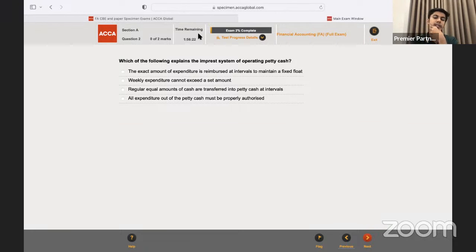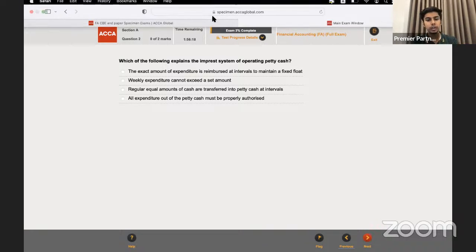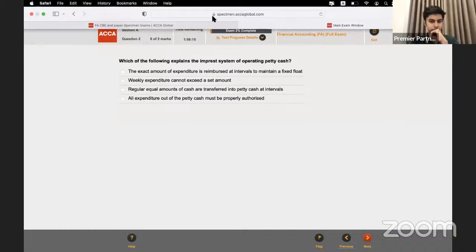They're asking what is the meaning of the word imprest. So imprest is what we call the float. They're asking the meaning of that one.